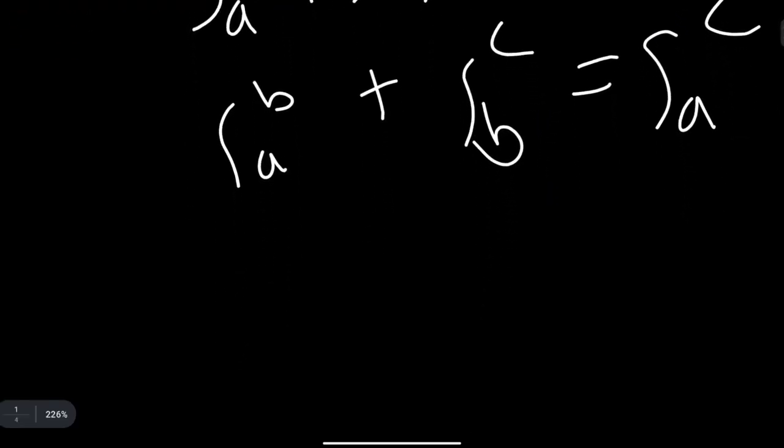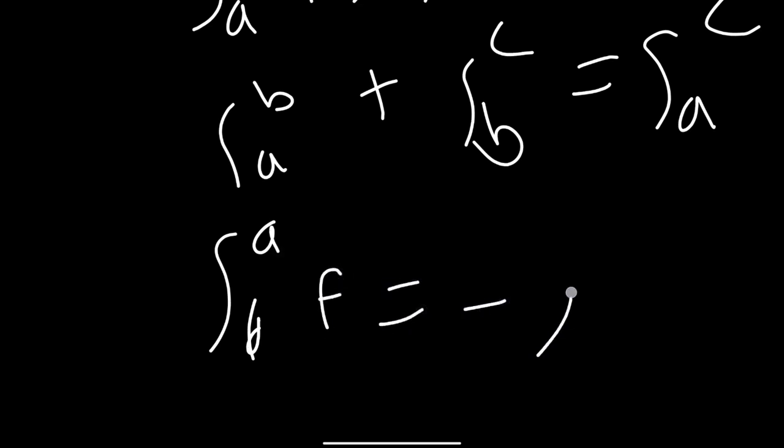So the integral from b to a of a function equals the negative of the integral from a to b of that same function. By putting a negative in front of the integral, you can flip the bounds of the limit.